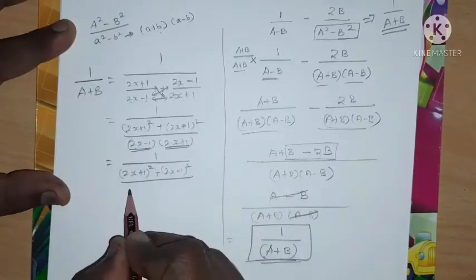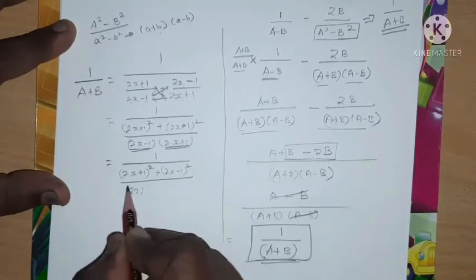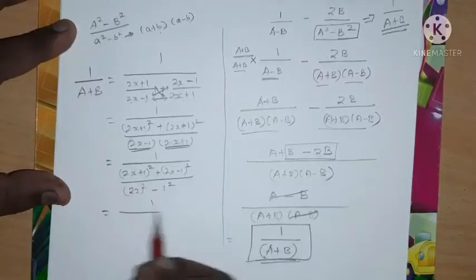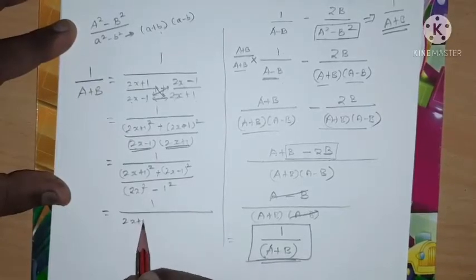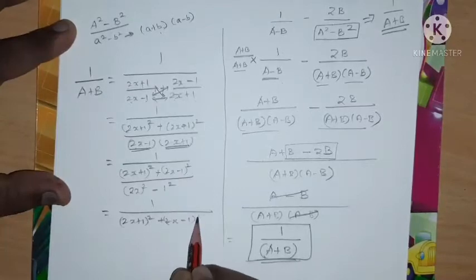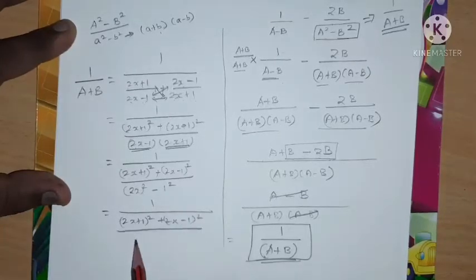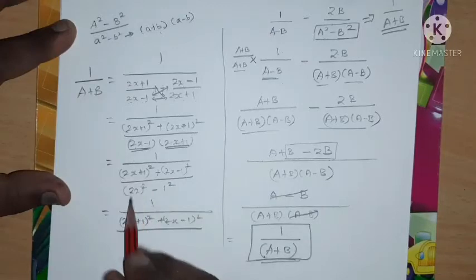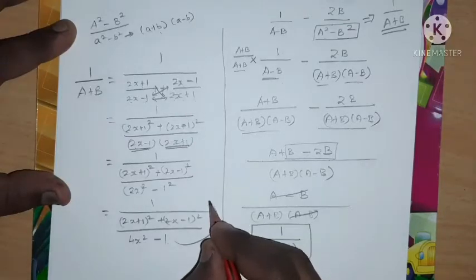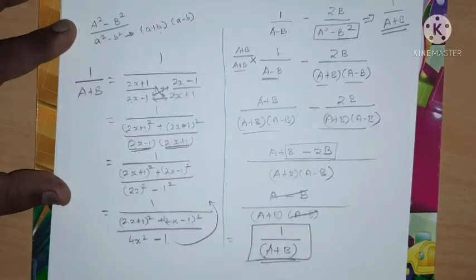So a² is (2x)² minus b². Further, 1 divided by [(2x + 1) whole squared plus (2x − 1) whole squared] divided by, so 2 squared I am bringing inside, so 4x² − 1 I am getting, right? Now this 4x² − 1 will go to the numerator, right?